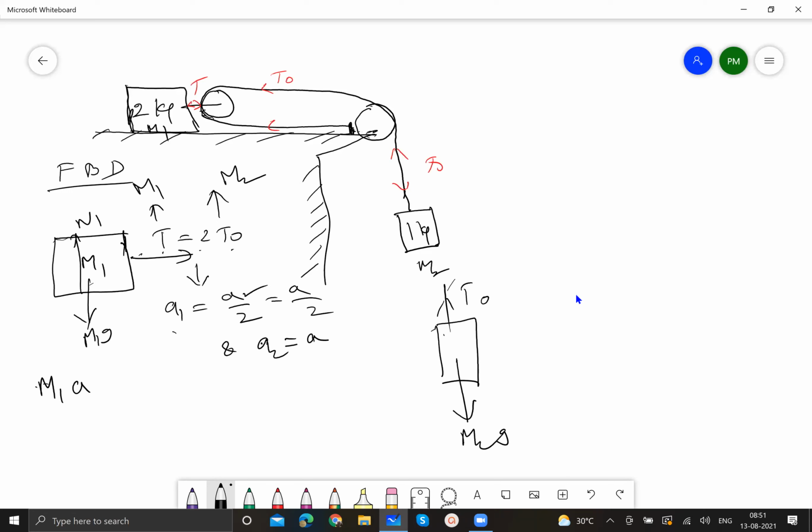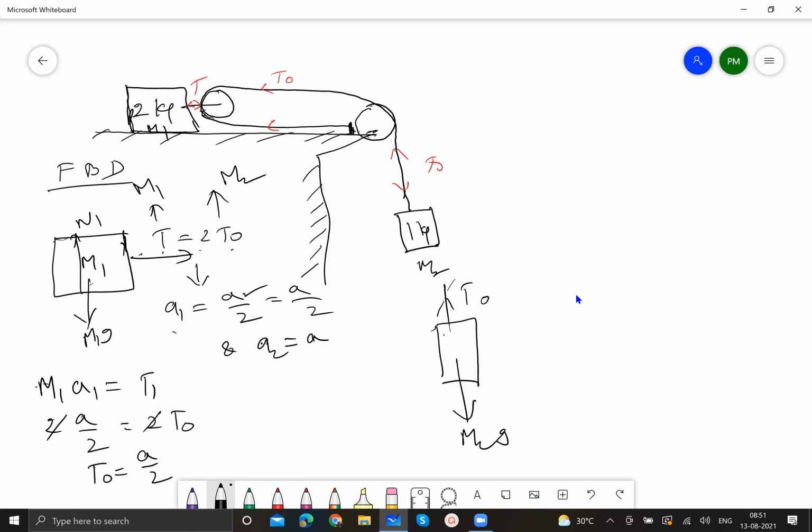So M1 into A should be equal to T. M1A1, that is 2 into A by 2, must be equal to 2T naught. Therefore, I get T naught is equal to A by 2.